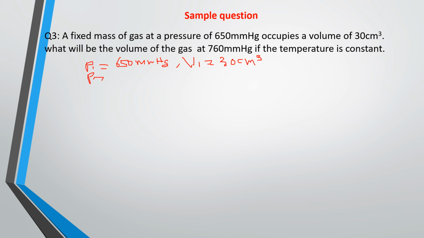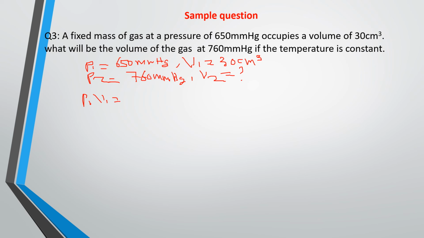P2 is given to us to be 760 millimeter Hg, and V2 is unknown. V2 is unknown.